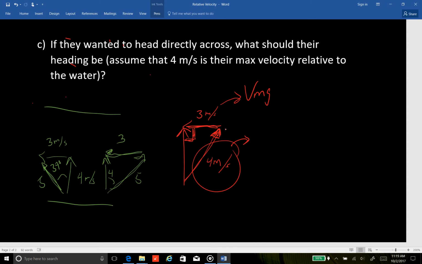What's this velocity? This is the object relative to the medium. This is relative to the ground. Because this will be the sum of this and this.